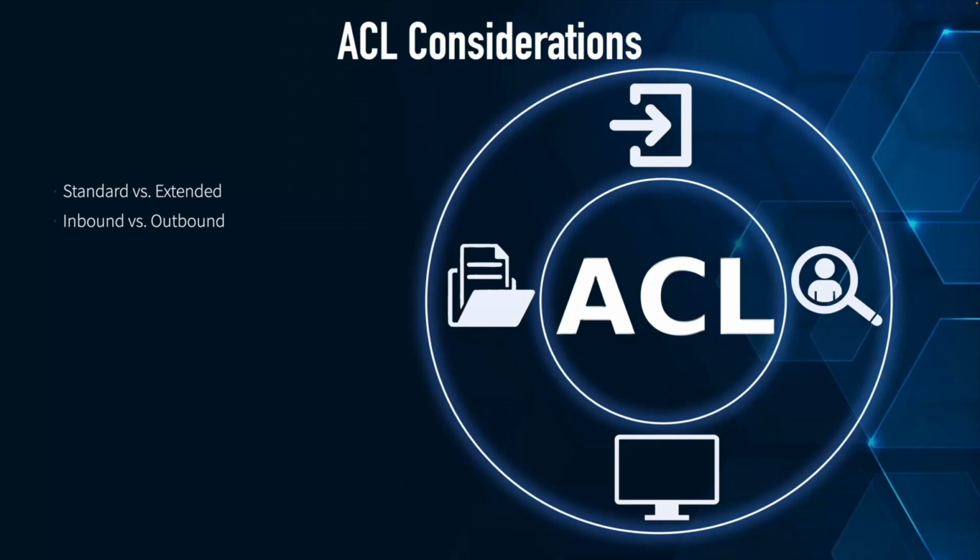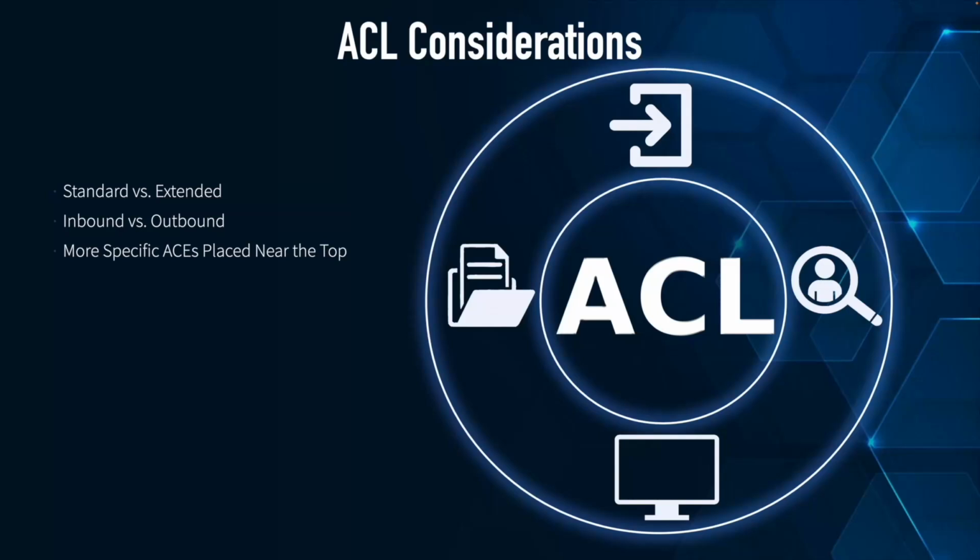And we know that an access control list is a list of access control entries, or ACEs. And we want to, in general, put more specific ACEs toward the top. For example, maybe I want to deny traffic from an entire network going to a destination, but I want to make an exception and allow specific hosts in that network.